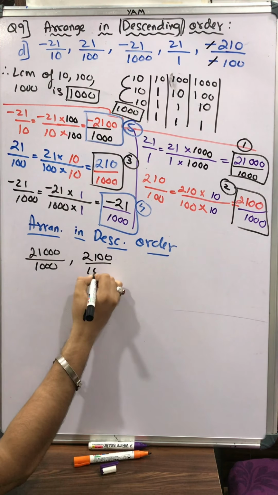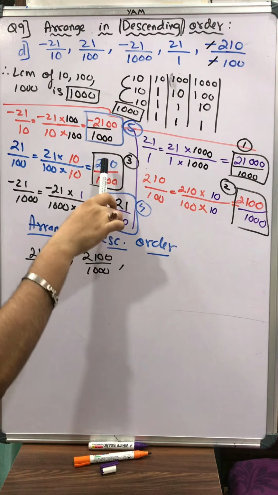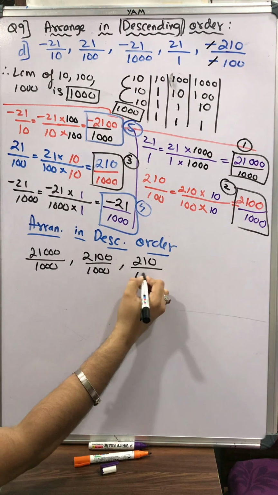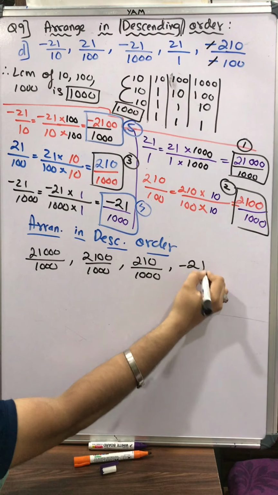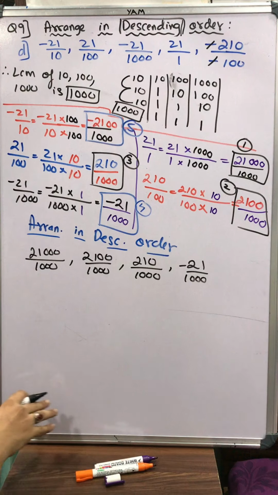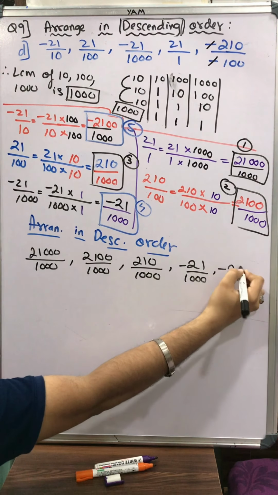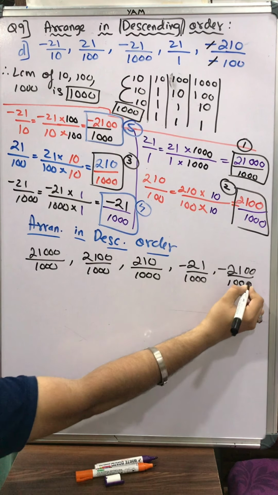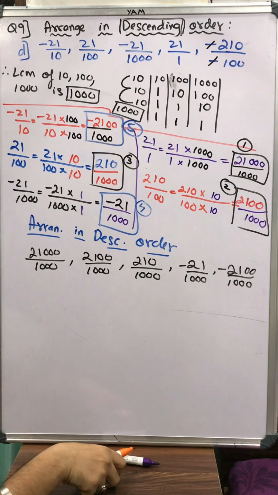Third one will be 210 upon 1,000. Okay, fourth will be this one, minus 21 upon 1,000. Okay, great. And the fifth one is minus 2100 upon 1,000.